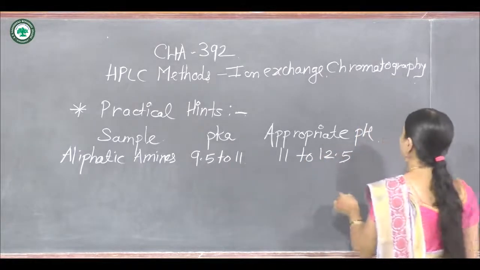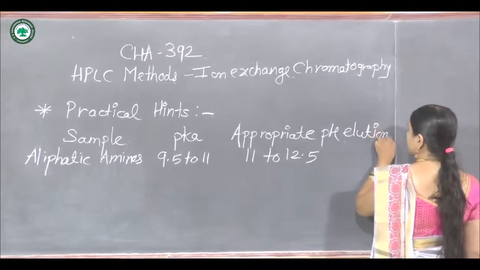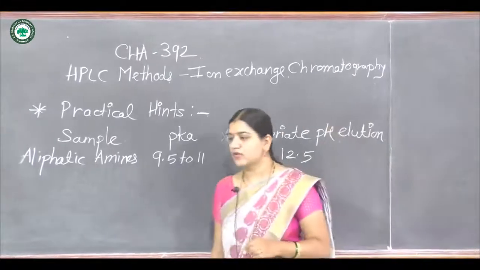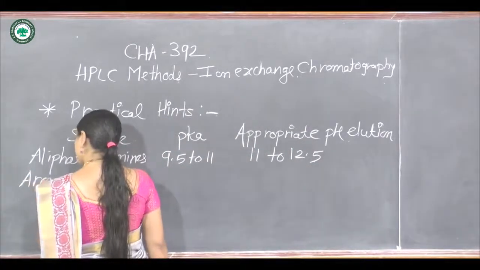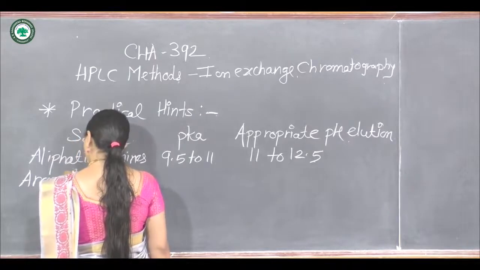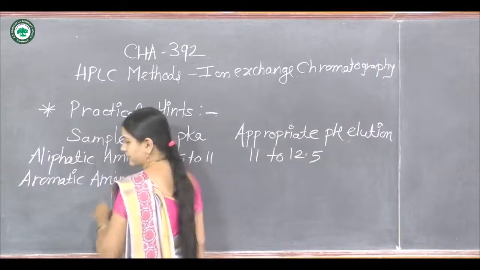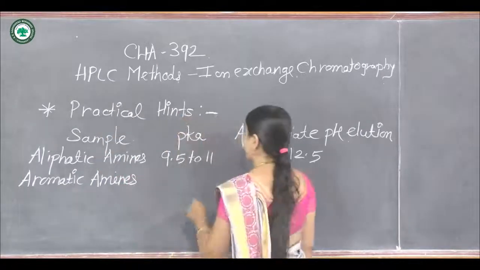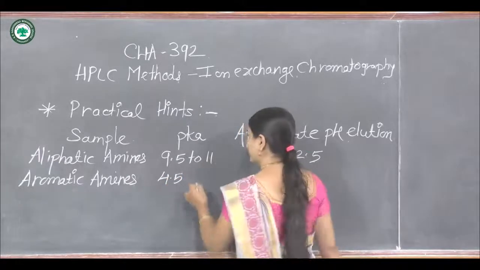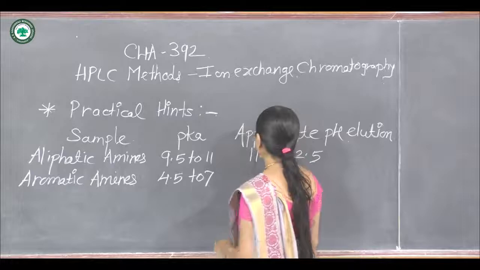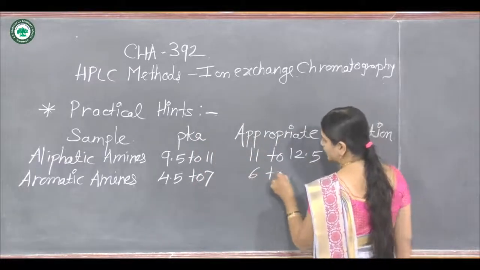This is the appropriate pH for the process of elution. Next are the aromatic amines. In the case of aromatic amines, the pKa is in the range of 4.5 to 7, and the appropriate pH is in the range of 6 to 8.5.